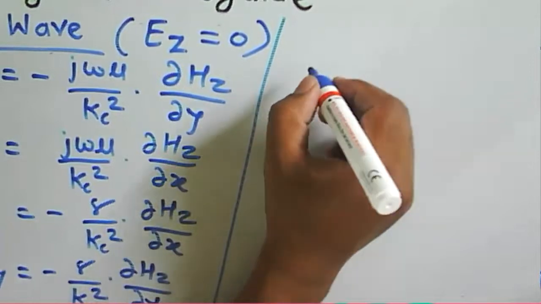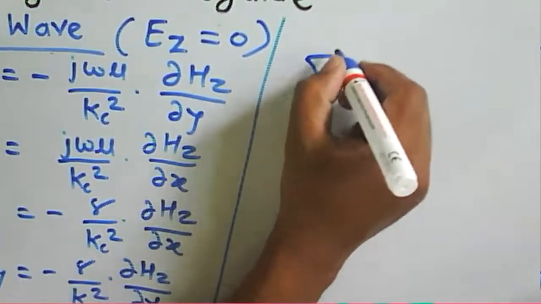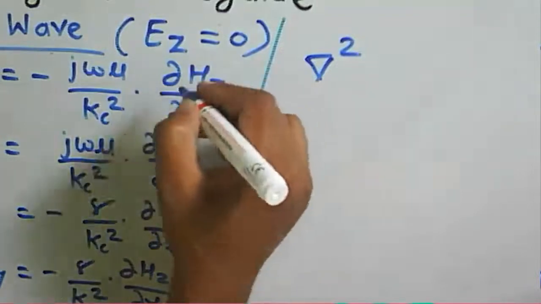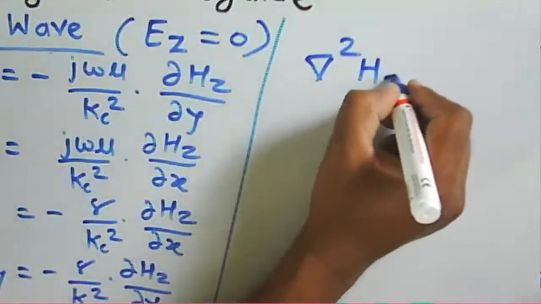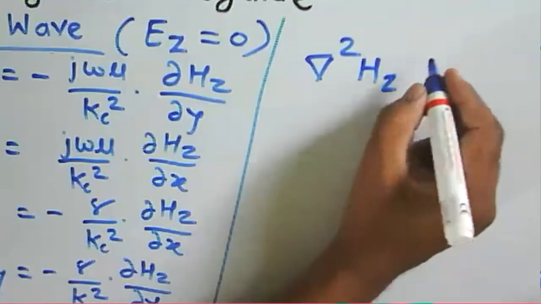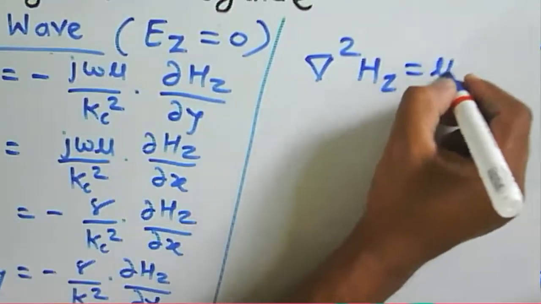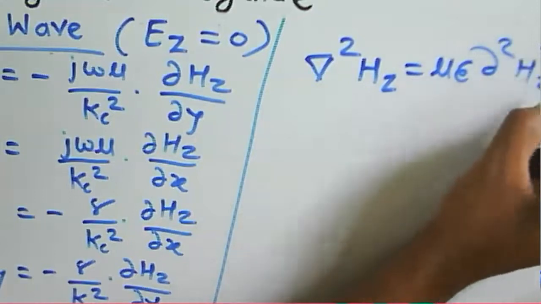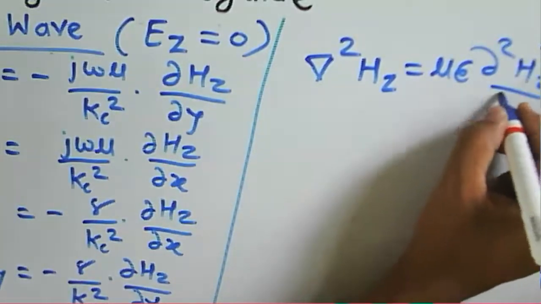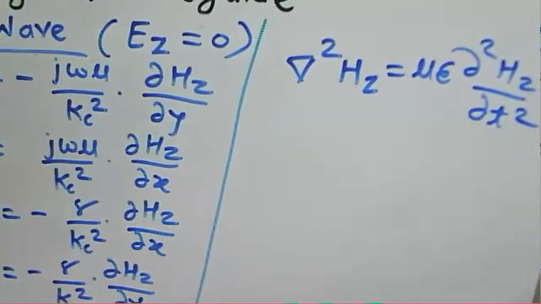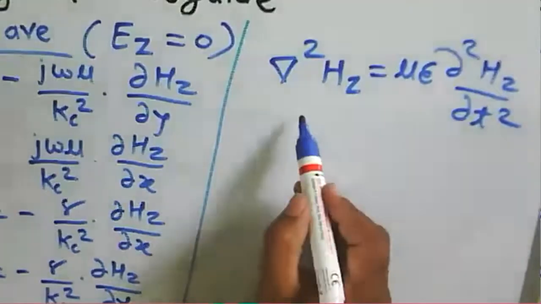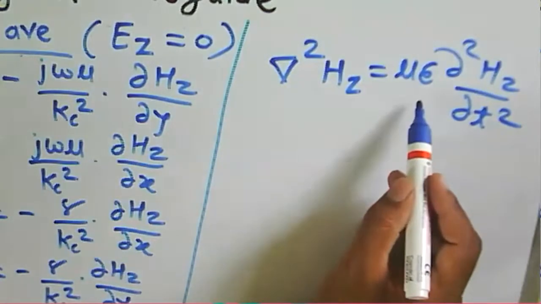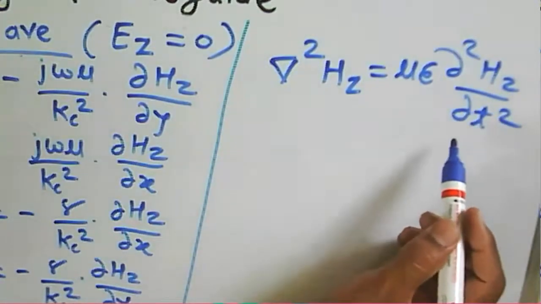Then we talk about the wave equation. What is the wave equation? Because our aim is to obtain the equation in terms of Hz, we need del square Hz equal to mu epsilon dou square Hz by dou t square.